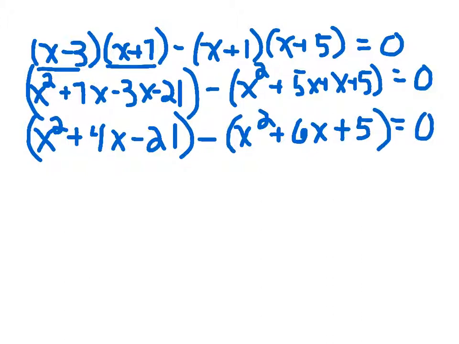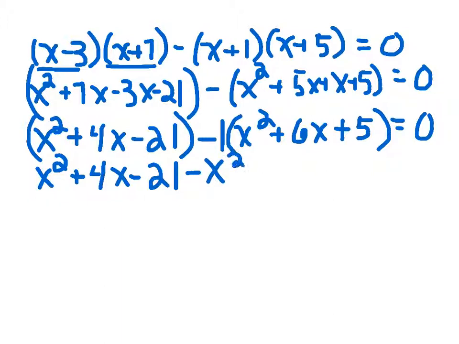Now remember, when there's no number here, I need a 1. The positive one here leaves these the same when I take them out of the parentheses. By the way, this is a review of subtracting polynomials in here. Minus x squared minus 6x minus 5 equals 0.